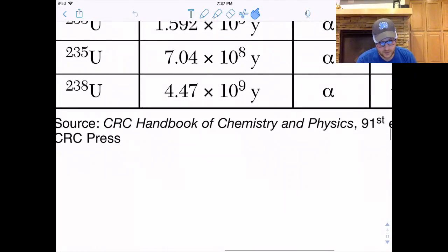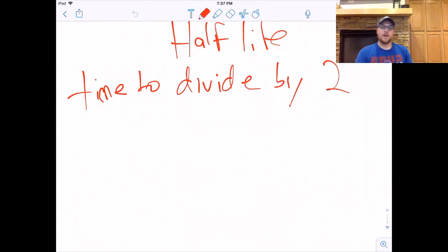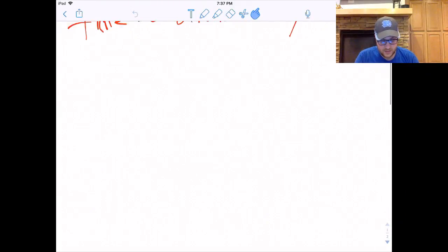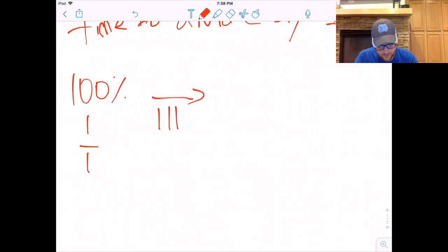So, regardless of what nuclide you're given, the process to solve them is the same. You always start at 100% of your substance, or fractionally, that's 1 over 1. And after one half-life, you get down to 50%, or 1/2.